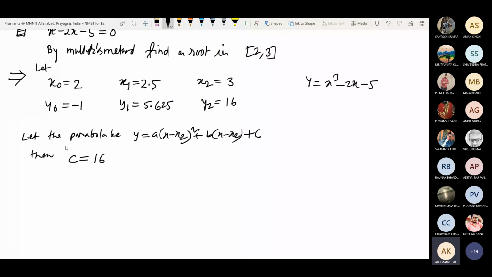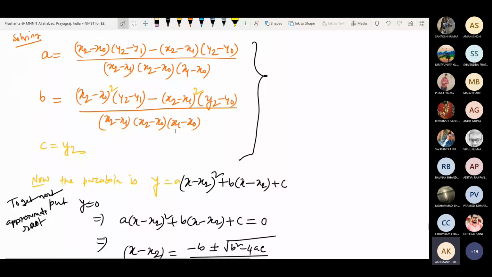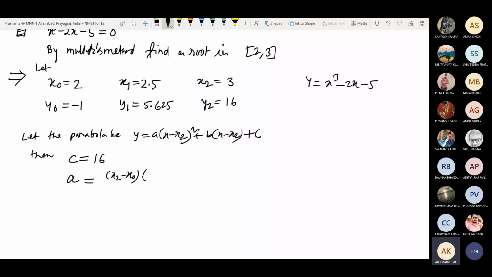Okay. What is a? So write down the formula for a and substitute the values. So a will be (x2 minus x0) into (y2 minus y1), then the next term I can write down from this expression. It will be (x1 minus x0) into... just a moment, I have written wrongly.